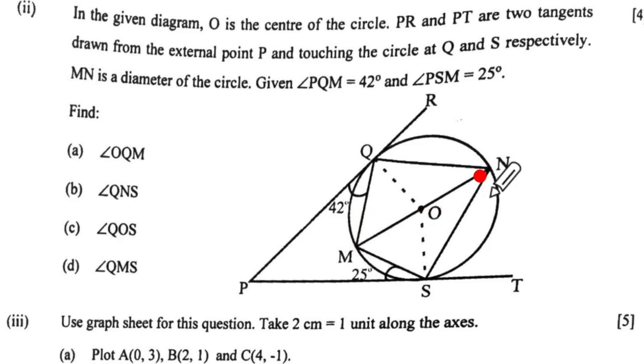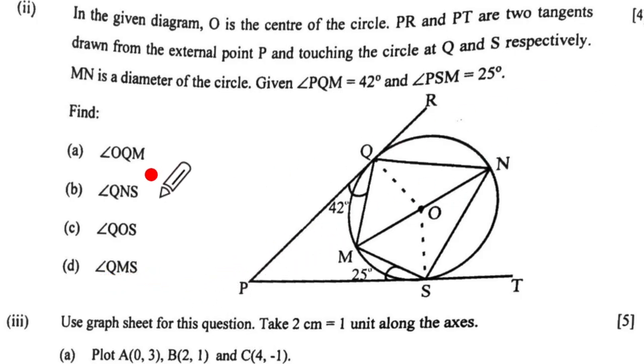MN is the diameter of the circle, and given that angle PQM is 42, that is this, and angle PSM is equal to 25, that is this, we have to find angle OQM, angle QSN, angle QOS, angle QMS.